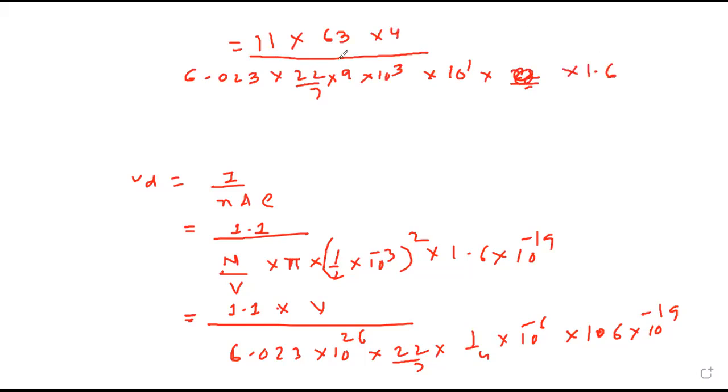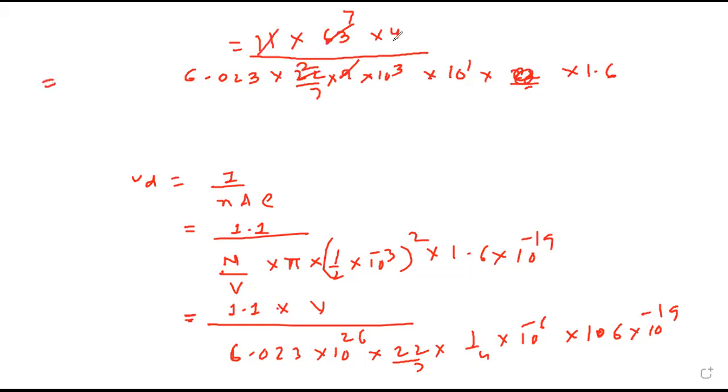Okay. Hello? Yes, sir. Substitution clear? Yes, sir. So now this 9 into 63, 11 into 2, whatever. So 7 will go up.